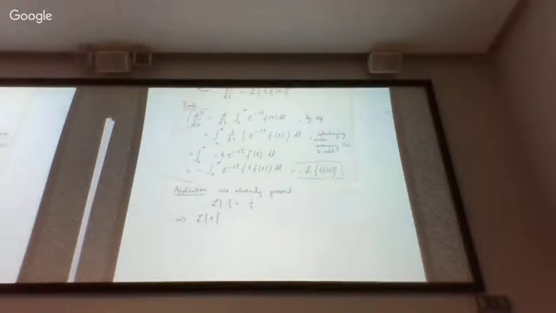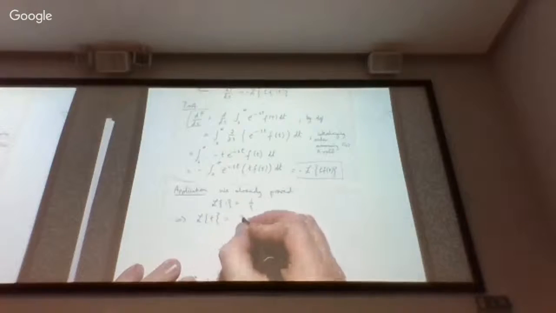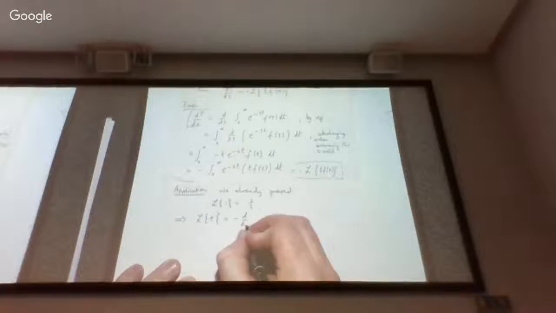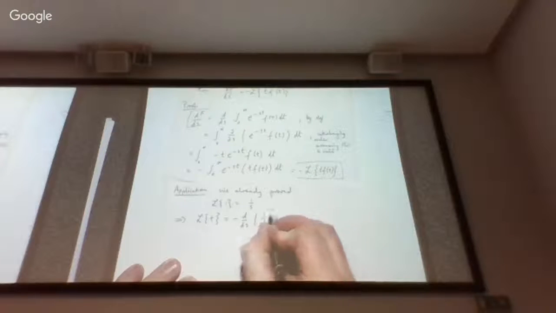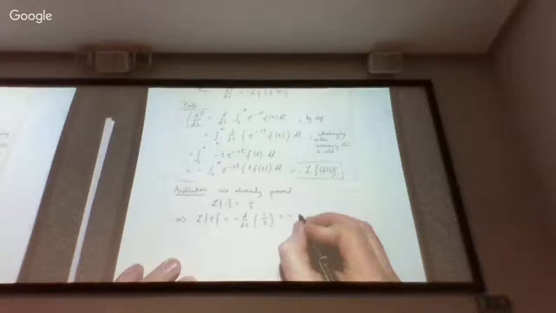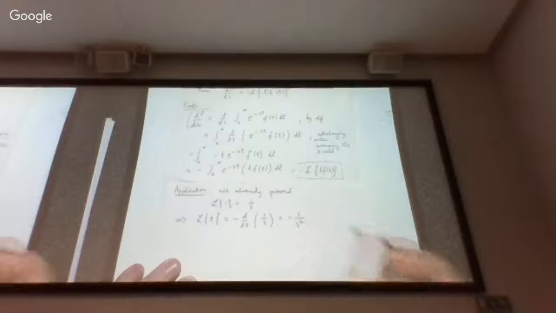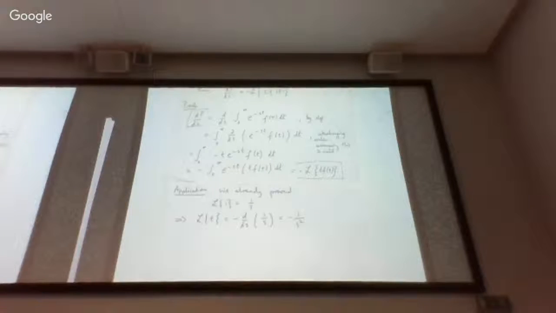The function f of t equals t. So this should be minus d/ds of 1 over s. So in other words, minus 1 over s squared.